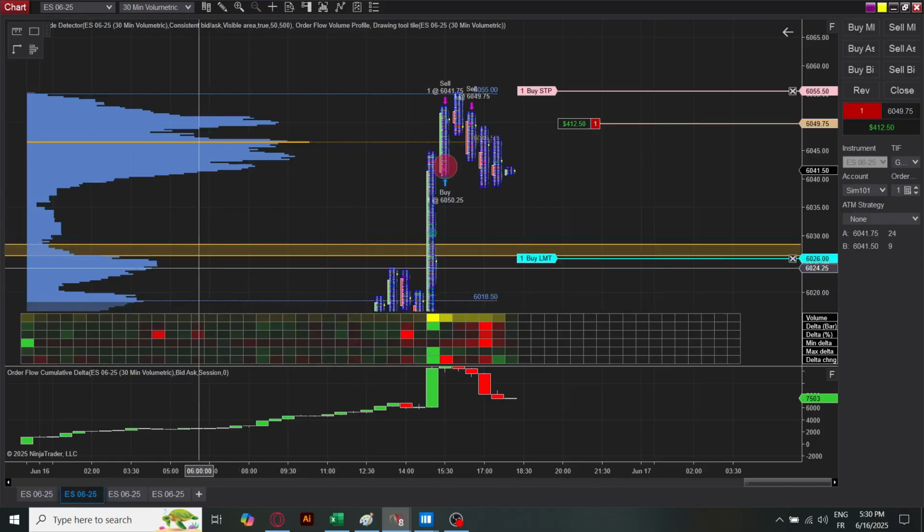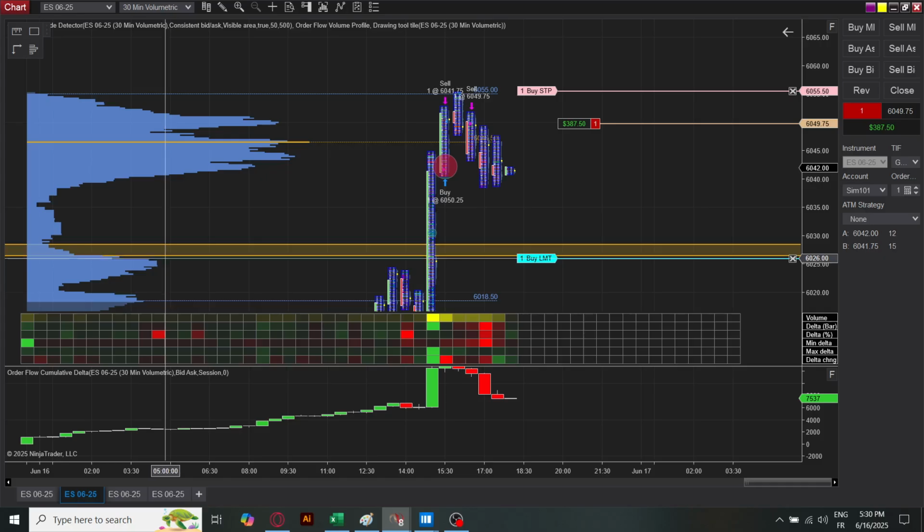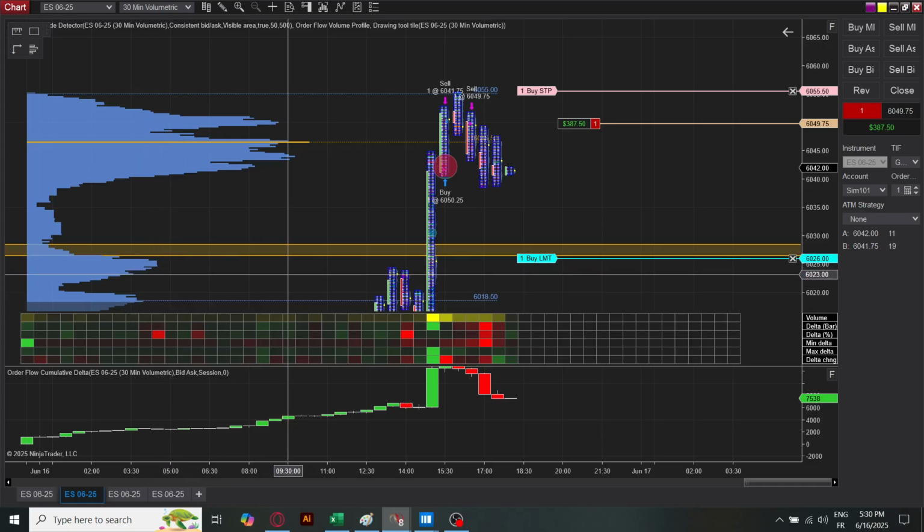And then we will target our level, which is the next point of control or the next high volume node, because price is looking for zones with liquidity. So for now we're doing very well, and that's it.